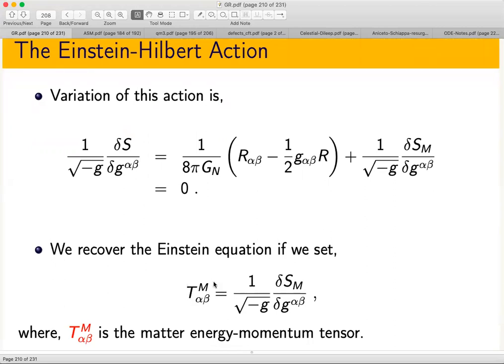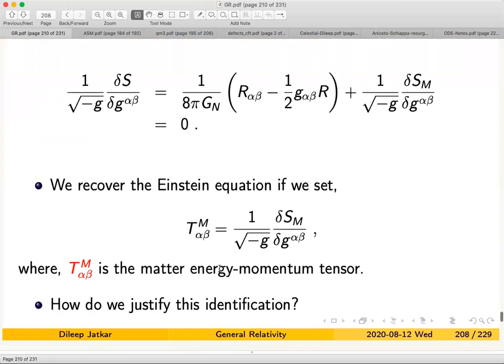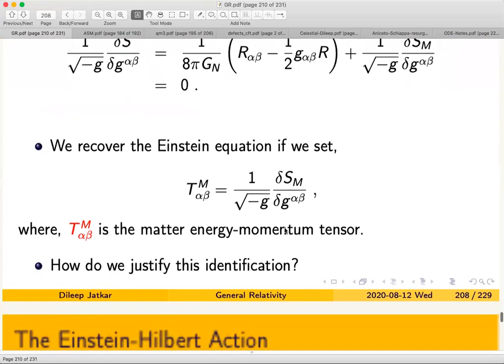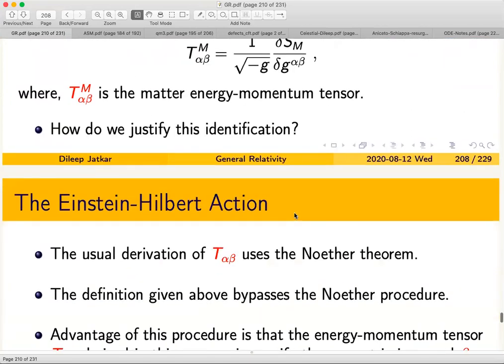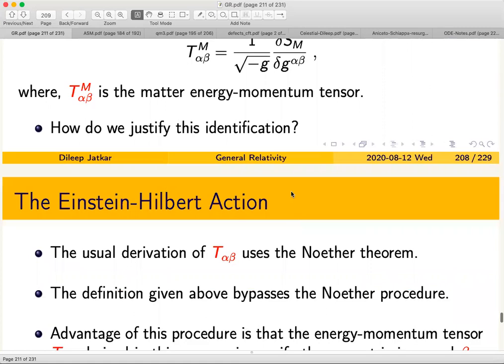So one has to, of course, justify this identification, and we will not give complete justification to this story, but at least one can do some checks on it. First thing is that T alpha beta typically is derived using the Noether theorem.